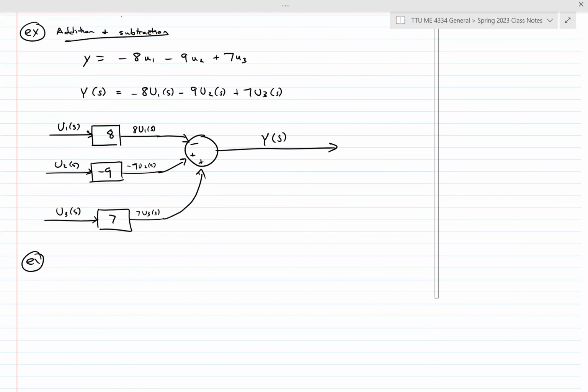Does a split signal thing not count as 2 outputs? I think we're going to get there in a second, right? But we could have multiple outputs if we want to for a system, if we're measuring multiple things. But a takeoff point is what it sounds like you're describing there. A takeoff point is just cloning a signal, right? And it doesn't have to be with just the output.